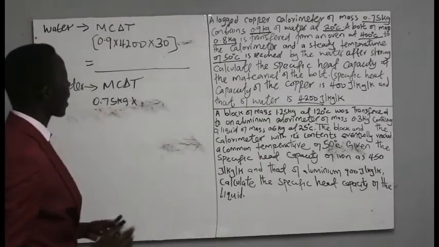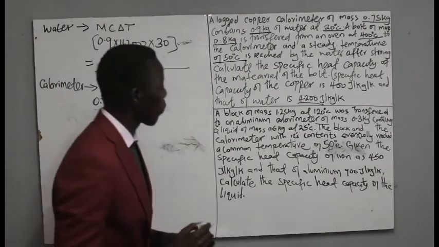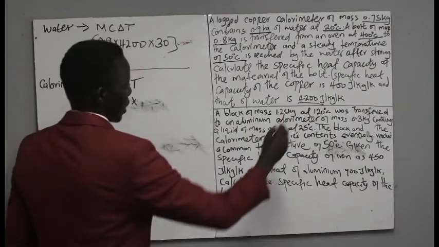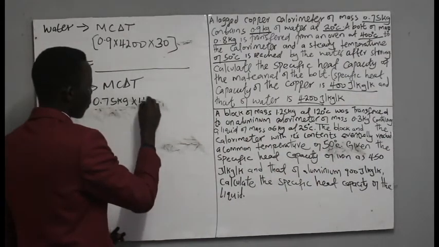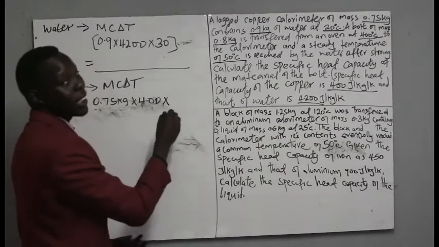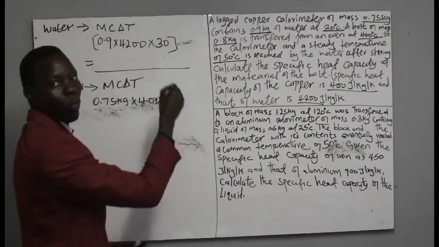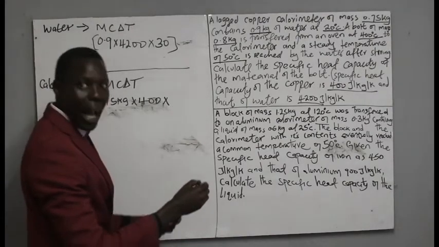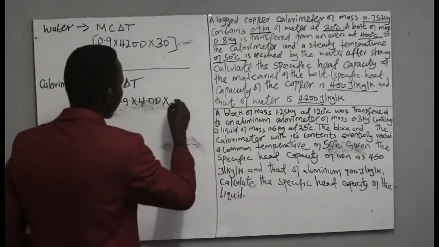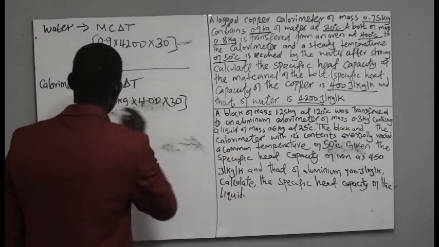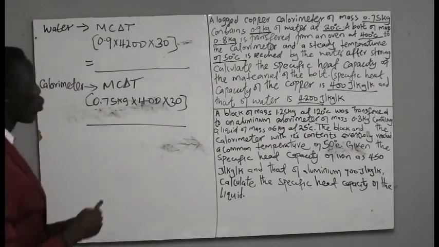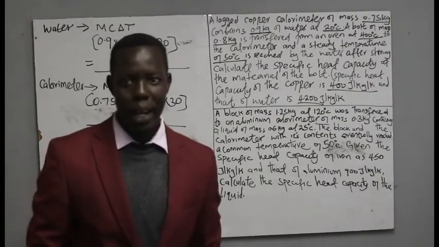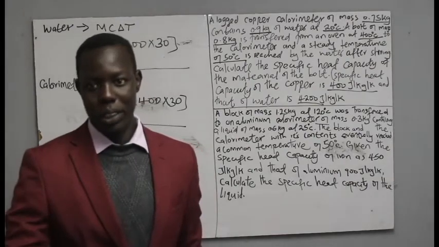Then we multiply by the specific heat capacity of copper, which we are told is 400. Then we multiply by the change in temperature, which is the same as that of water, because they were at the same temperature and they will settle at the same temperature. These two are gaining heat. From where? From the bolt.